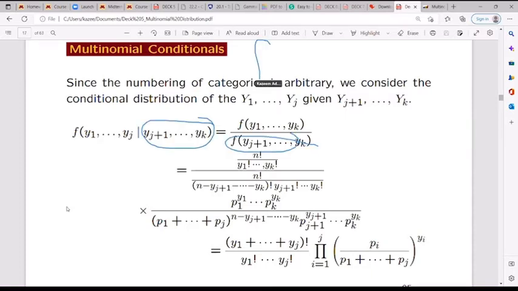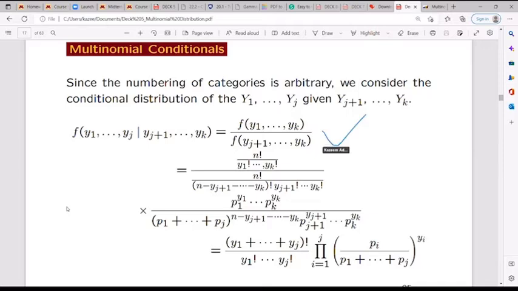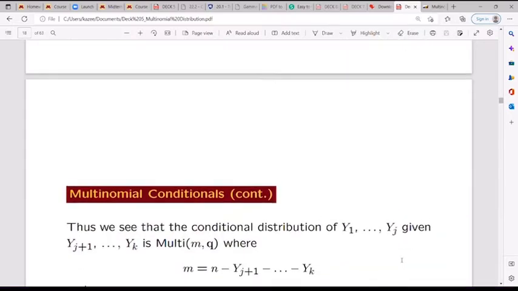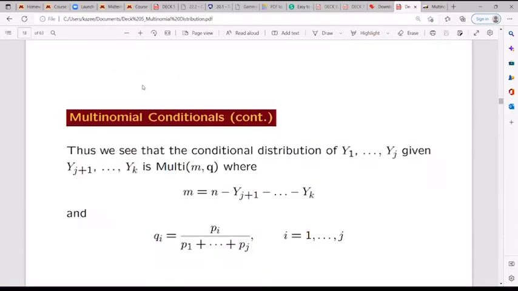You remember, if I have f of y given x, it is basically f of xy divided by f of x. That is what we're using here. So here we are finding marginals, and that is how we arrive at what we have here now. So that's just theory. You can look at that and see whether you will be able to derive it, but we're using the idea of conditional probability.